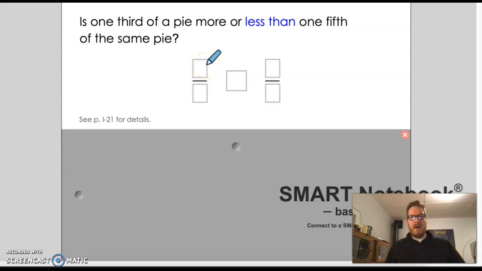Is 1/3 of a pie more or less than 1/5 of the same pie? So here I have 1/3 versus 1/5. Here I have fractions where the denominators are different, but the numerators are the same again, right? This one has a smaller denominator, so 1/3 is going to be larger than 1/5.